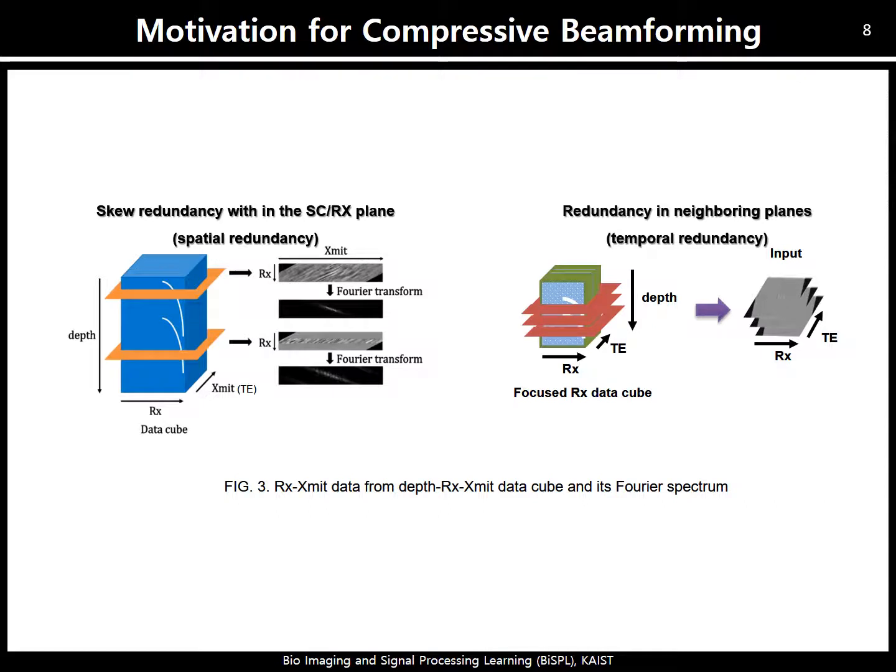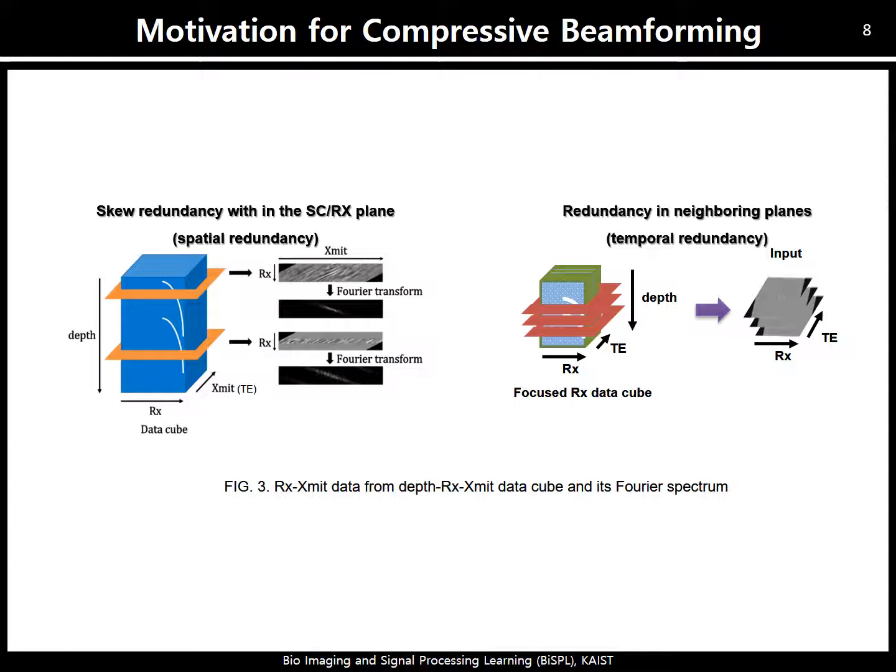This implies that some degree of skew redundancy exists in the receiver scanline coordinate, and can be easily seen as a sparsity in the Fourier domain as demonstrated in figure 3. This skewness can be removed by applying the delay and by just focusing the signal. So there exists some redundancy that we know in the scanline and the receiver coordinates.